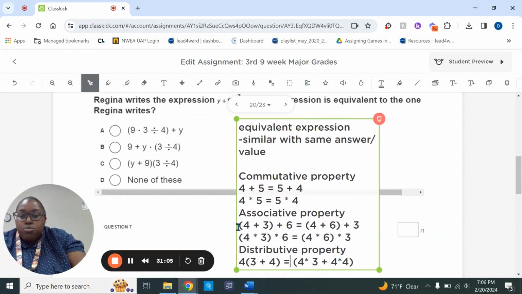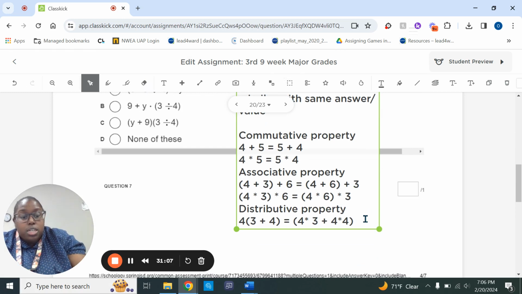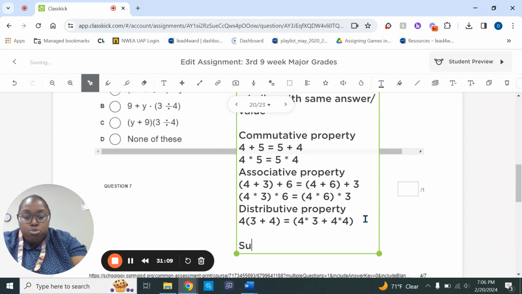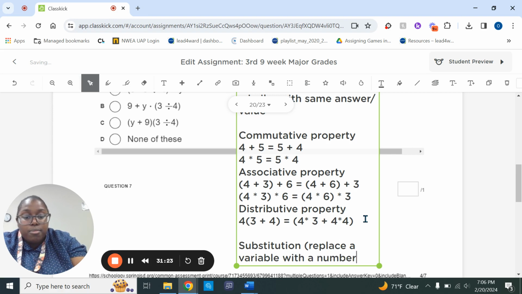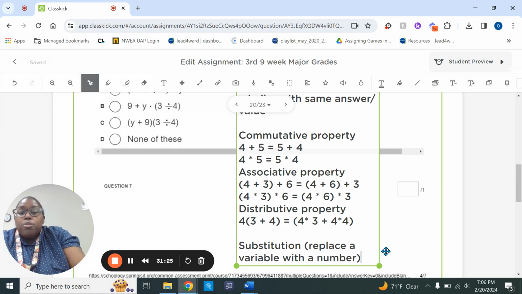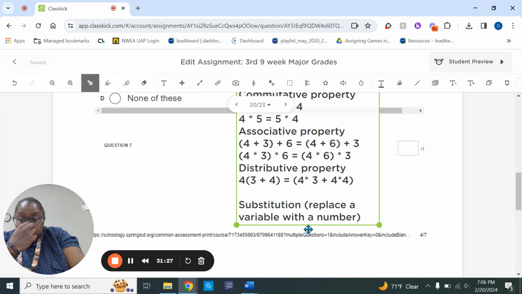You can use what I told y'all before is called substitution. Substitution is when you replace a variable with a number.